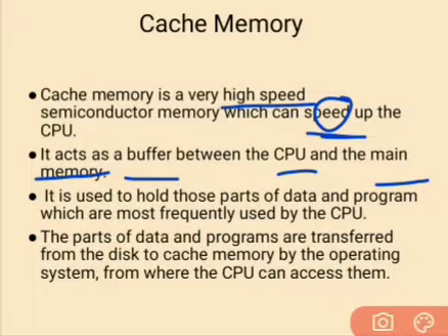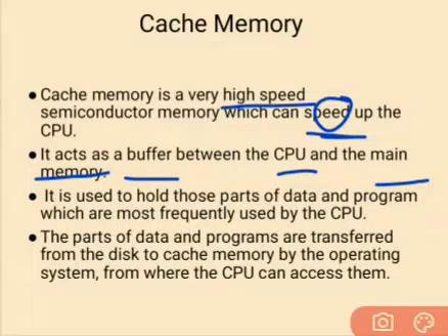So it is going to hold those parts, the data, the programs which are most frequently, continuously used. So these parts of the data and the programs are transferred from disk to cache memory by the operating system, from which the CPU can access them. So CPU can easily access this cache memory.